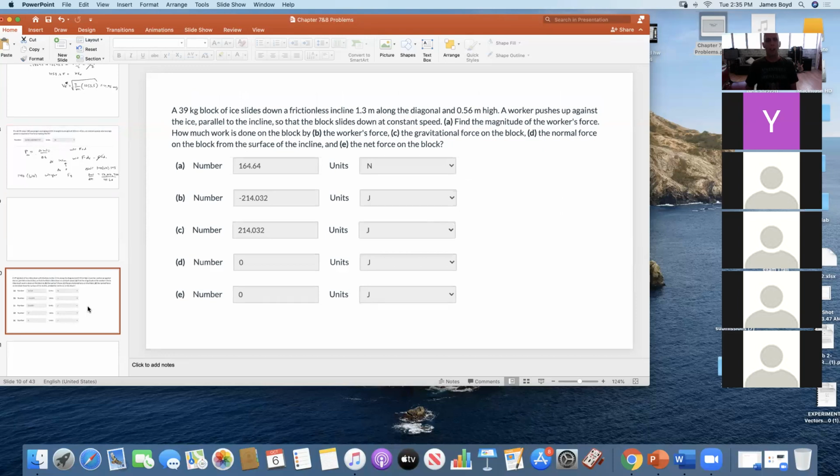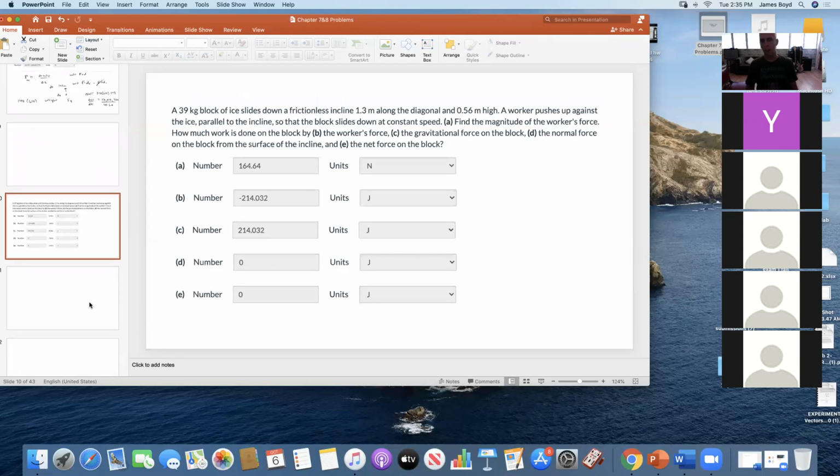All right, so this is kind of the last one before we start doing the fun problems. All these problems I took out of chapter 7. This is probably the one problem that would throw everybody if we did it on an exam. So we have a block that slides down a frictionless incline, 1.3 meters along the diagonal.